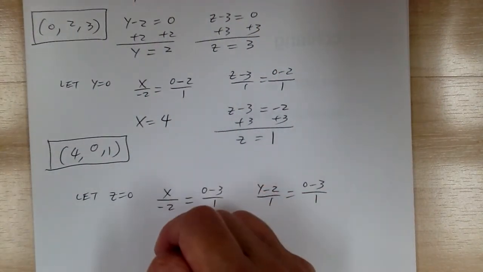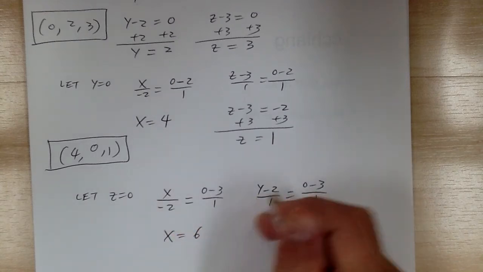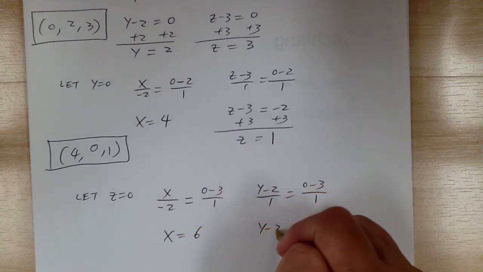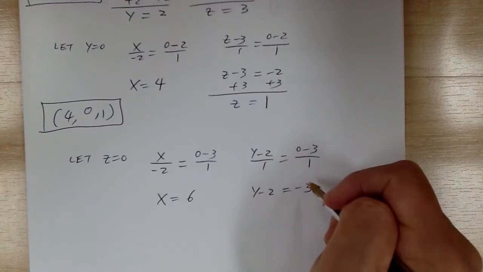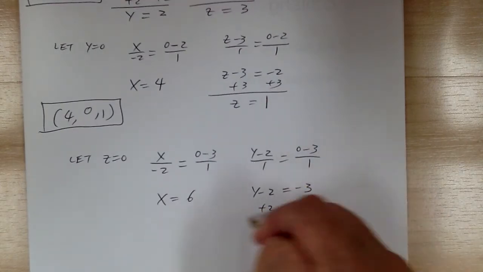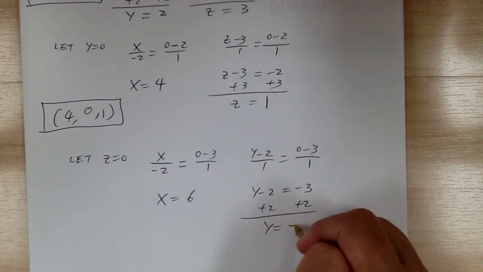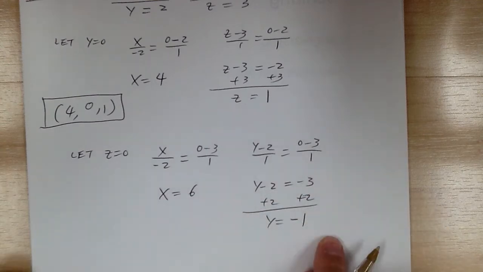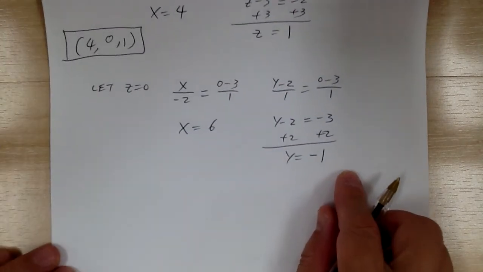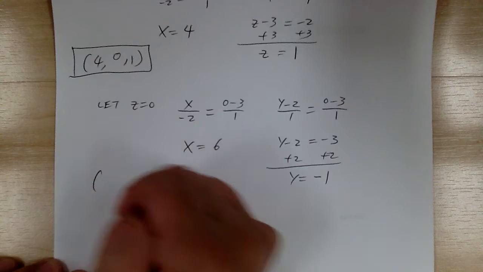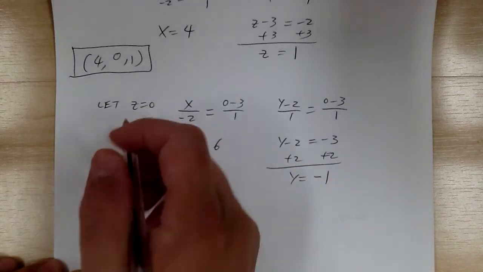Okay, cool. So cross multiply, so x equals 6. Cross multiplying, you get y minus 2 equal to negative 3, plus 2. So you get y equal to negative 1. So when z equals 0, you're going to get 6, negative 1, 0.